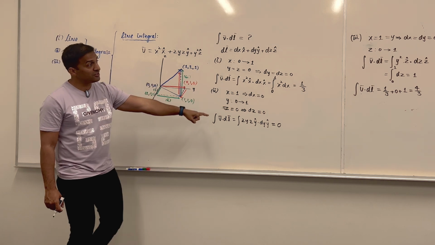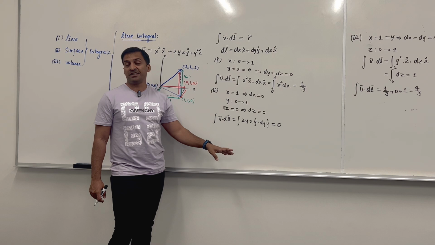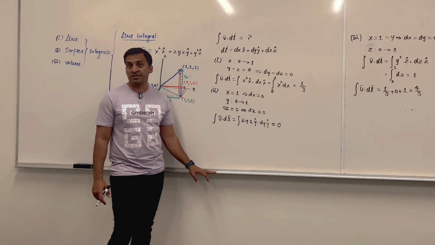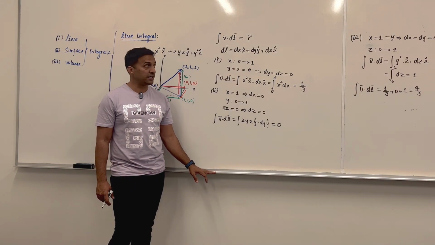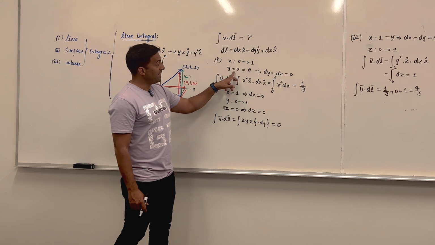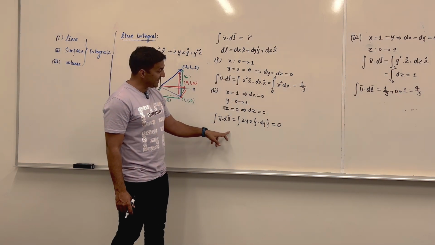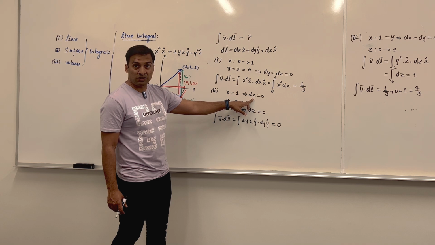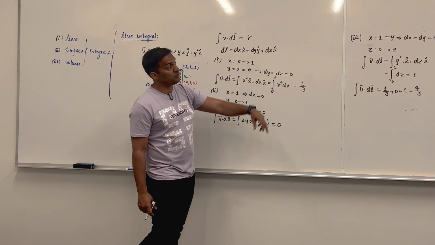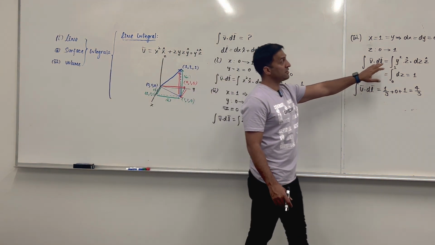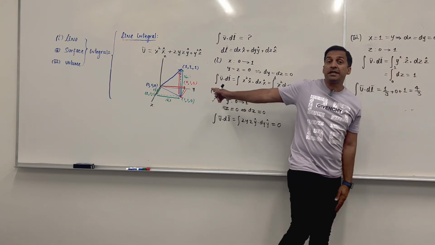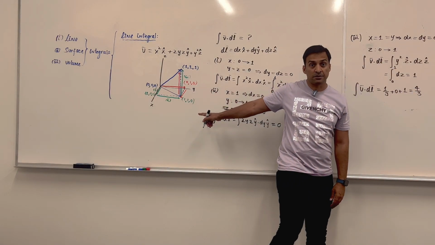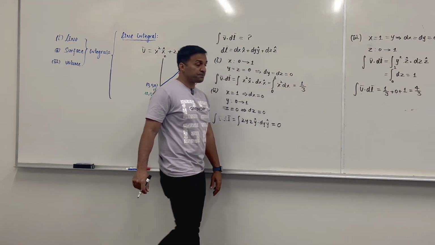In the first case, two of the three coordinates go to 0 directly, because y and z are 0. In the second case we had dz 0, dx 0, so again 2 terms go to 0, and in the third one dx and dy are 0 and 2 terms go to 0. But here no term goes to 0, so we have to actually evaluate it.